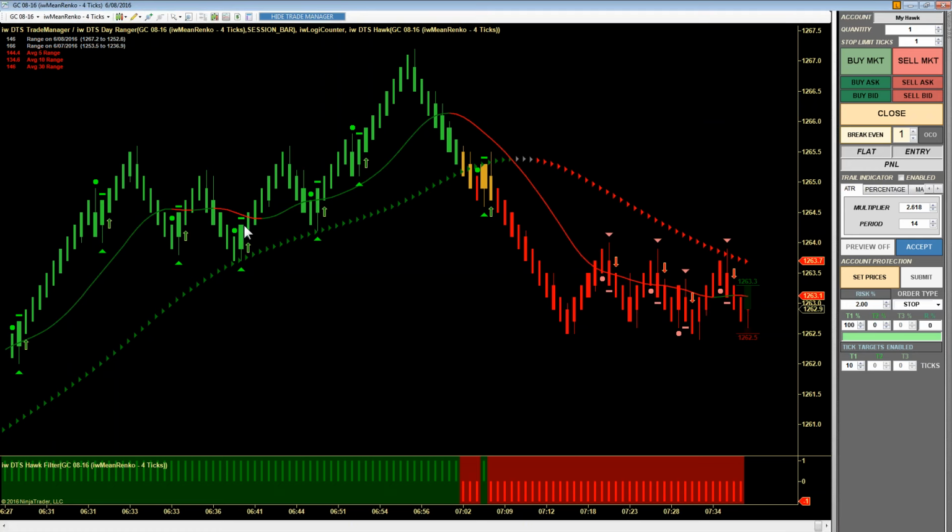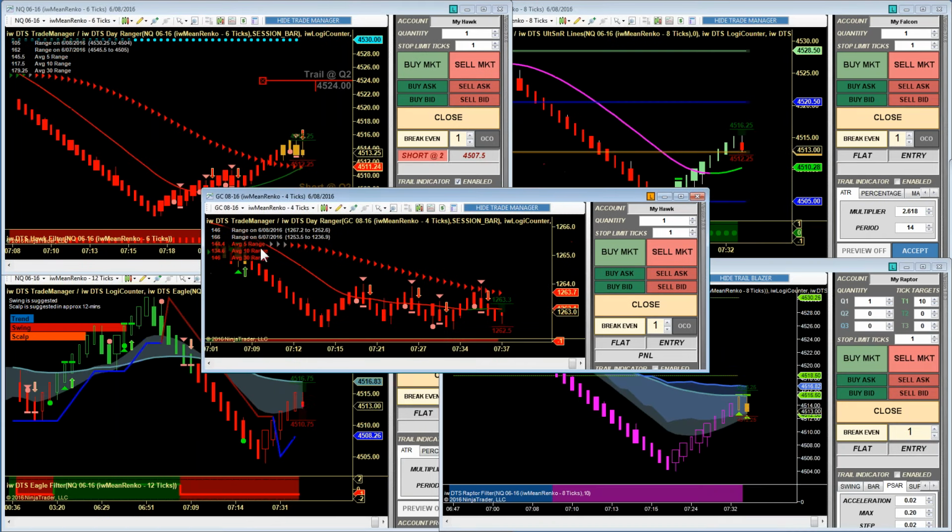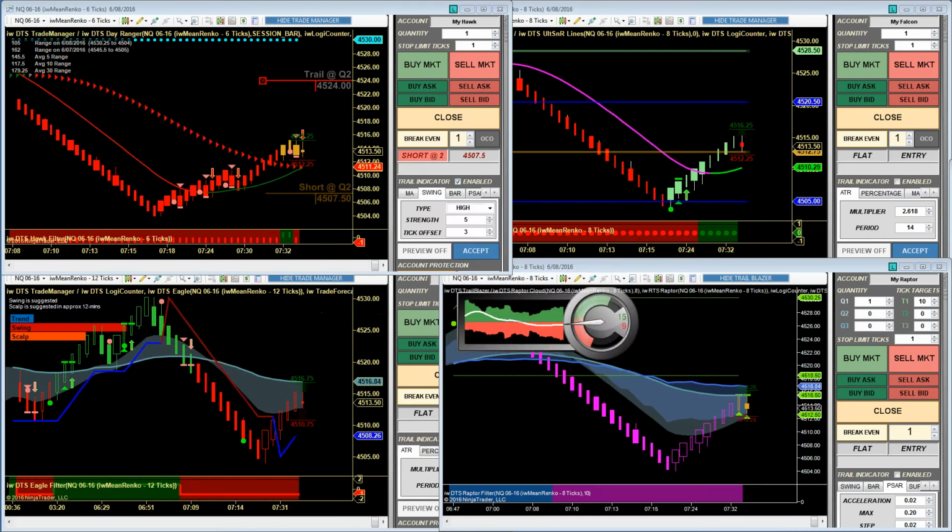Got a macro pullback here, went up. First micro macro cross, 4-arrow consolidation, and we're trying to work that one lower. So gold very, very quiet. Like Elmer Fudd like to say, very quiet.